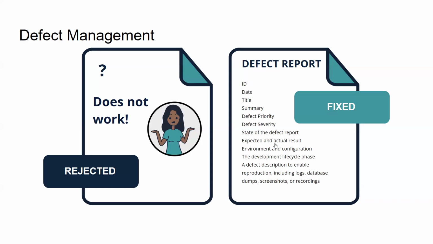State of the defect report, expected and actual result, environment configuration: all the details we can include, we should include. Let's say you resign from the company the next day after raising a bug. The next person who comes in and analyzes this bug should have all the relevant information to recreate it.